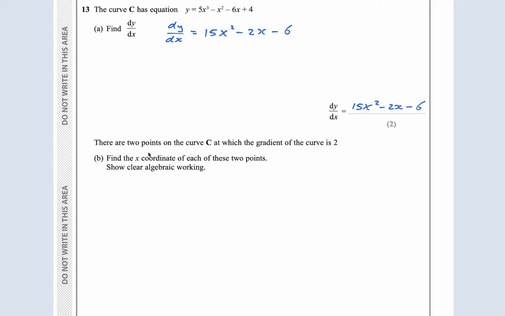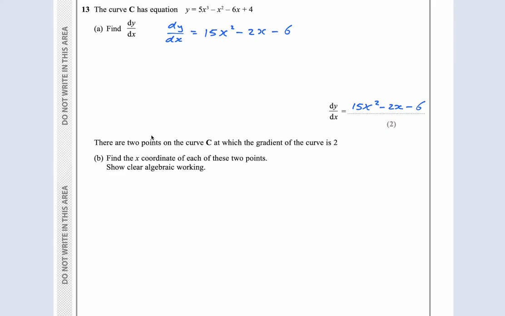There are 2 points on the curve C at which the gradient of the curve is 2. Find the x coordinate of each of these 2 points. Show clear algebraic working. Again, it's making sure you don't just use your calculator. The key to calculus, the whole of calculus, is that the derivative, which is this, is the gradient.